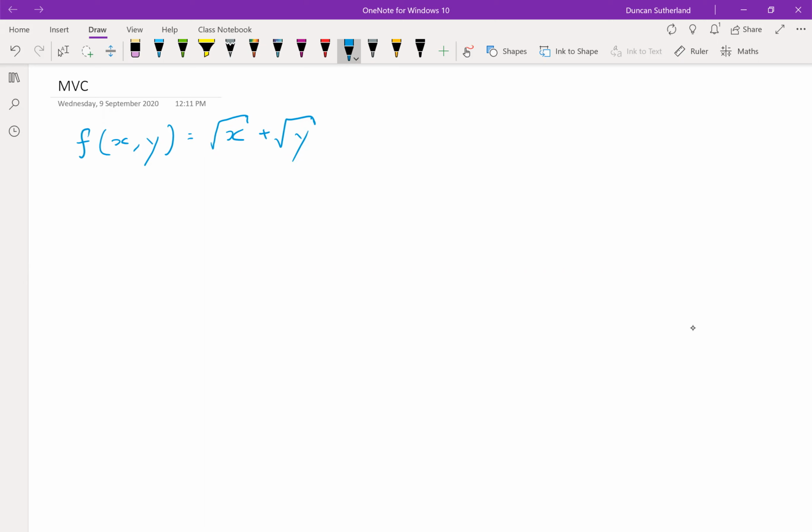So the domain of the function, or the biggest domain of this function, so we're sort of given this rule, and we're asked to identify the biggest domain where this function makes sense.